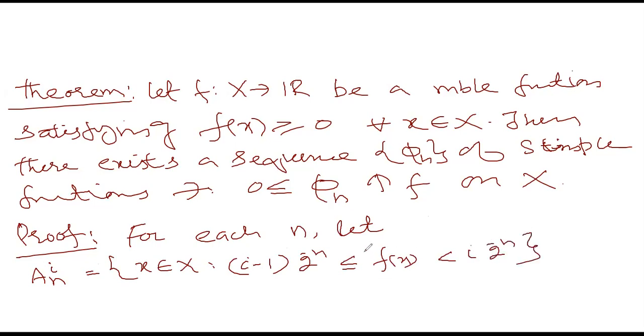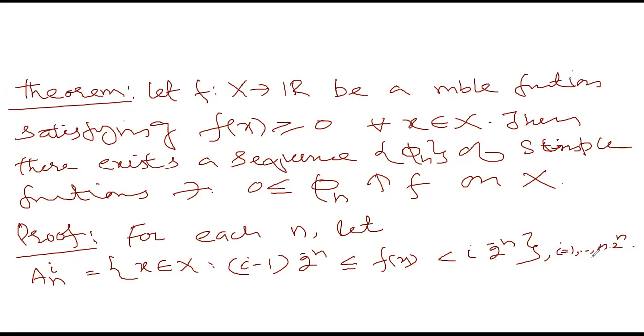This is our set A_{n,i}. And i is varying from i equal to 1 up to n times 2 to the power n.